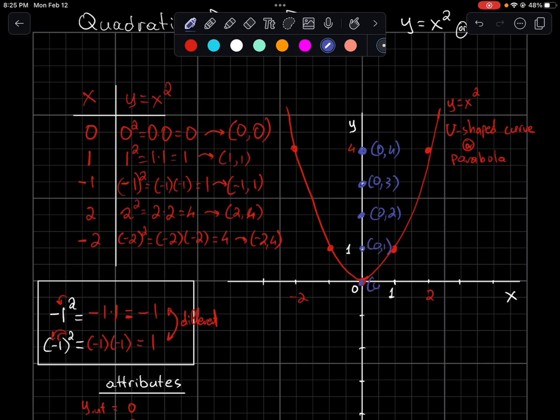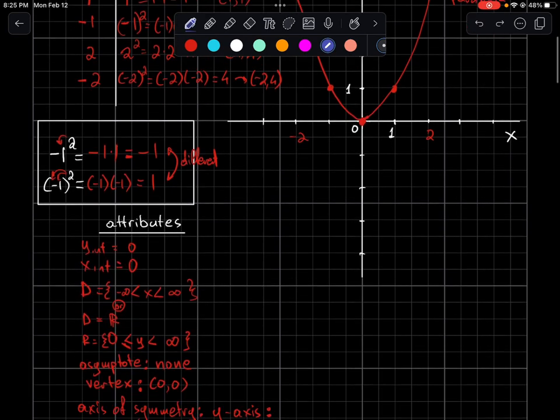What about this one? 0, 0. 0, negative 1. 0, negative 2. And so on. We see that all the points have x coordinate equal to 0. And that is exactly the equation of the y-axis, which is the axis of symmetry. So it's the equation of the axis of symmetry, meaning all the points have x coordinate equal to 0.